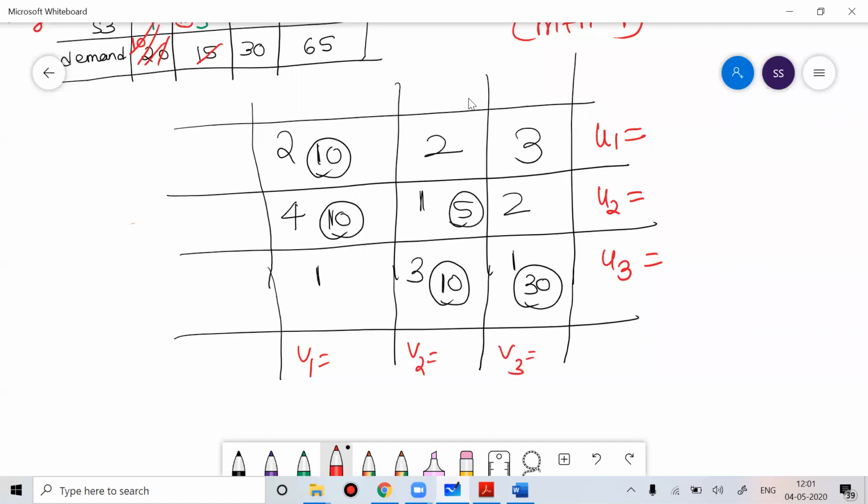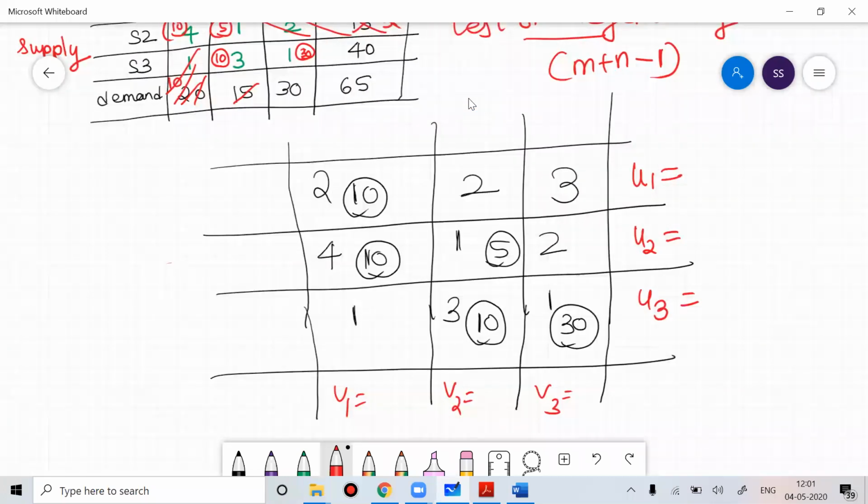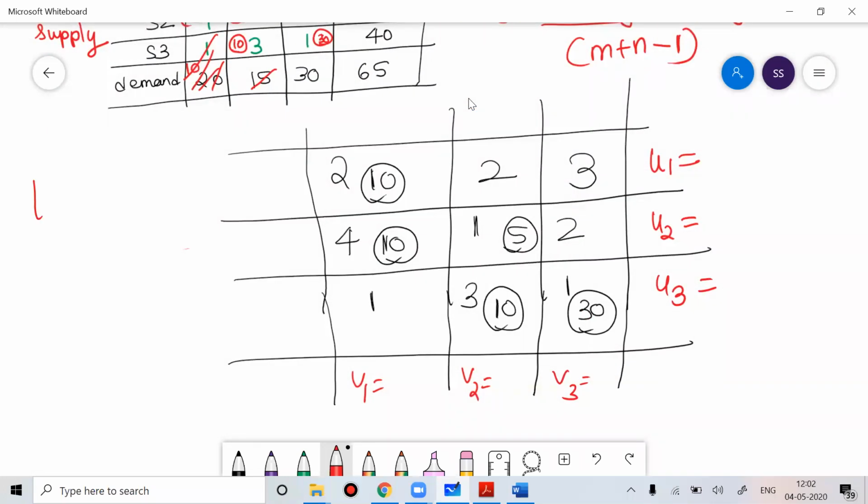Out of U1, U2, U3, V1, V2, V3, you can put any variable equal to 0.